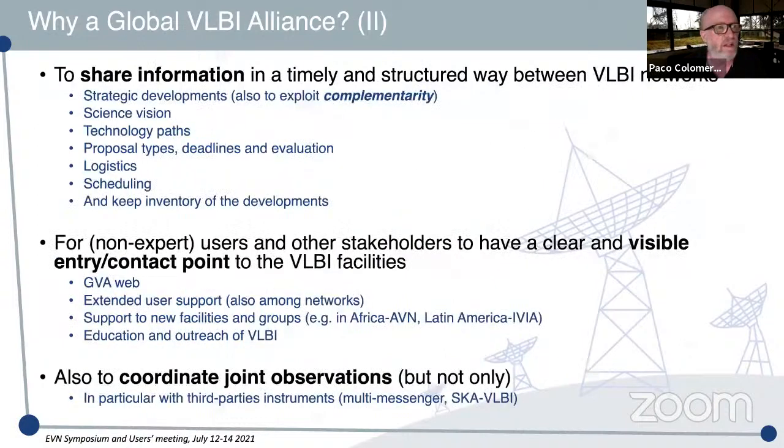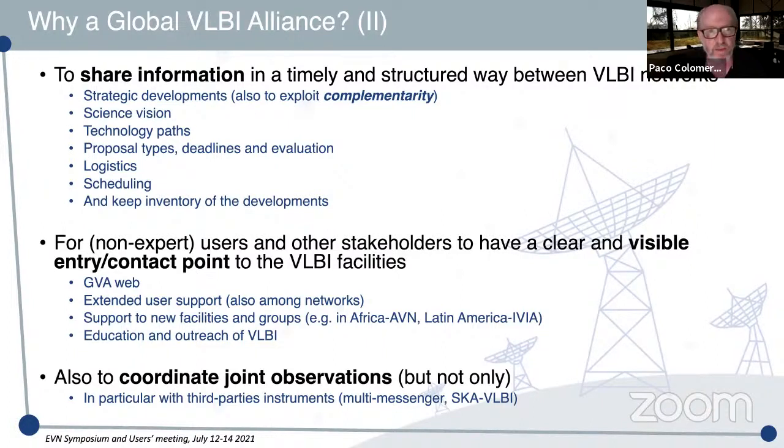The reason, as I say, is to share information. That is why the VLBI Alliance is a forum to share information in a timeline-structured way: strategies, not only to align them, but even to exploit complementarities. We saw some of these yesterday at the users meeting, where we discussed the best things, but also the problems on different networks.